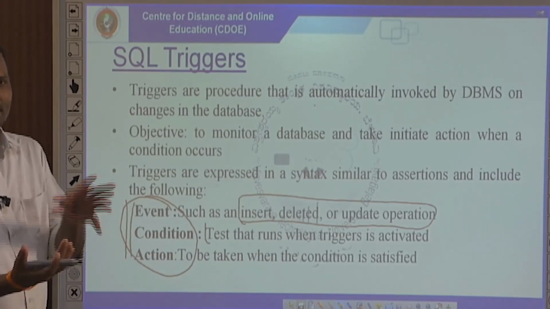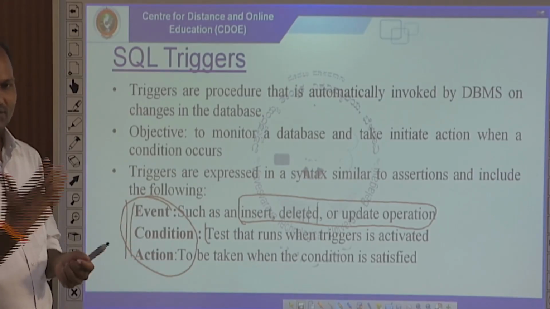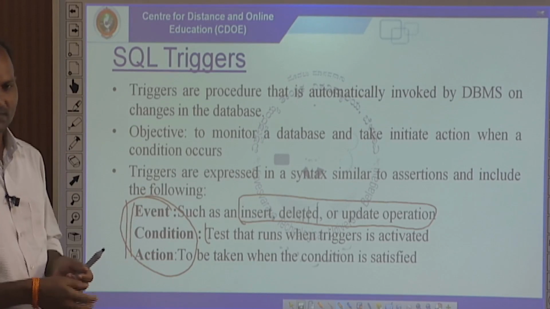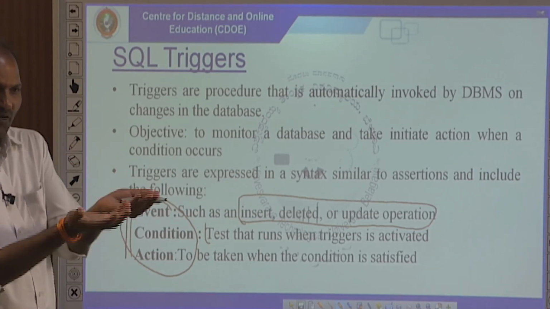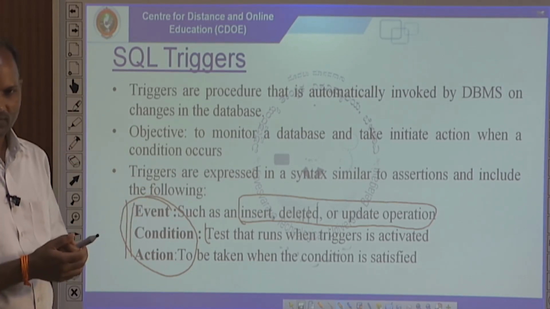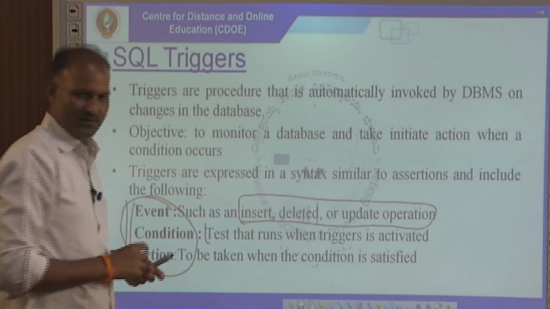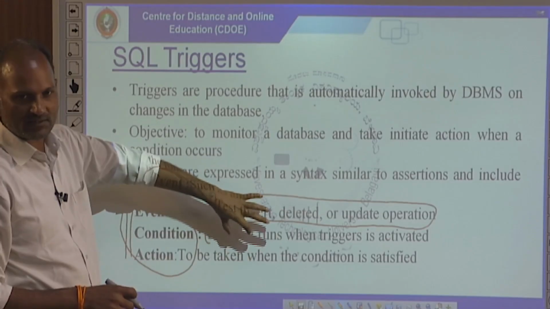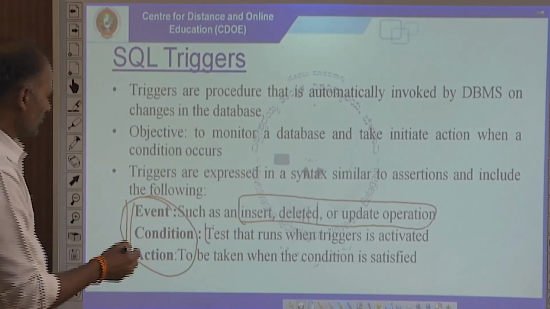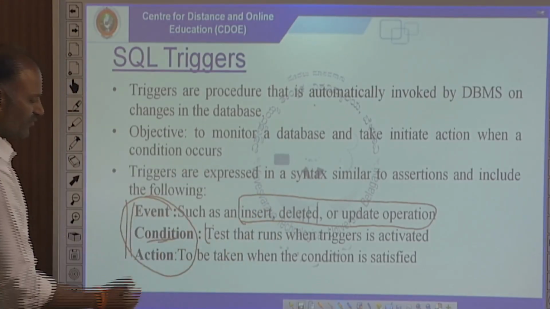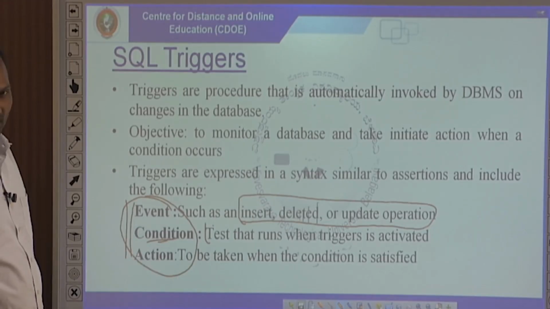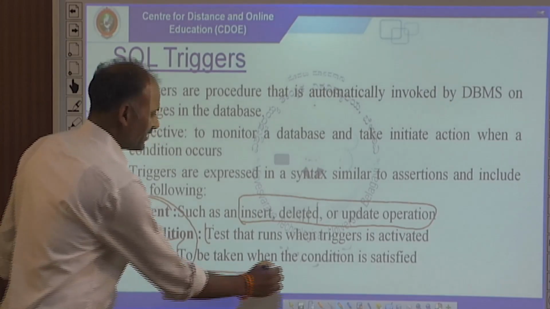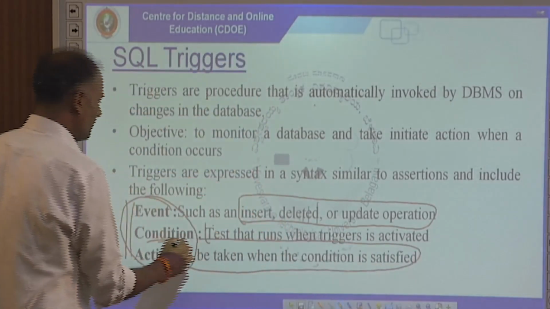You can specify some condition or SQL statement to perform testing when a certain event occurs, and the condition you specify is tested or verified. Then actions take place, performing certain operations.